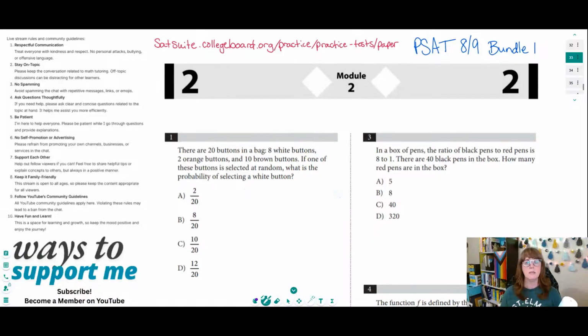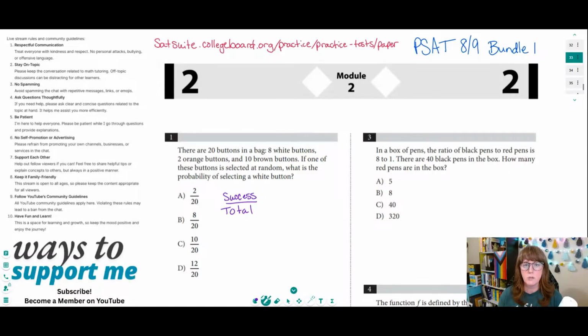Okay, so this is a classic probability question. Whenever we're looking at probability, it's usually in fraction form. So the fraction will always be the number of options to succeed at what we're looking for, out of the total, in this case the number of buttons that are in the bag.